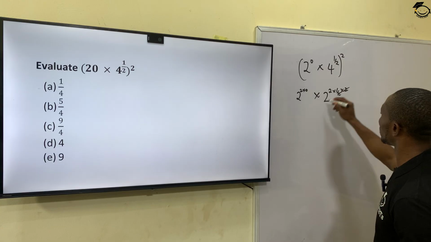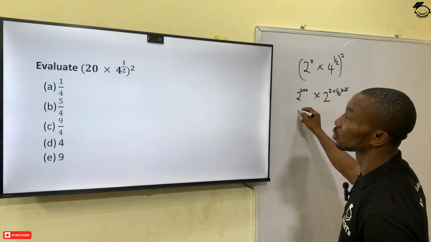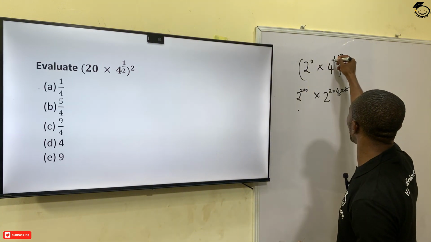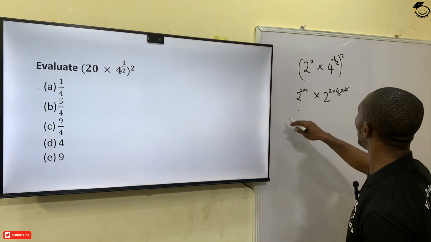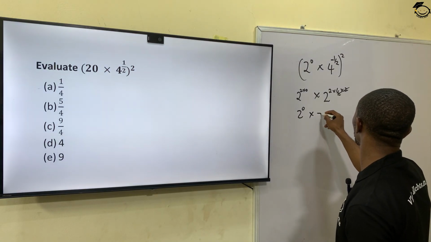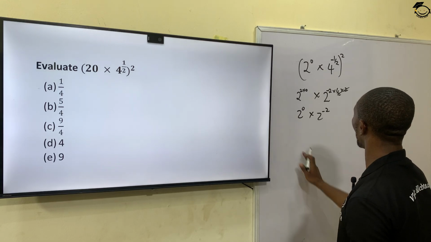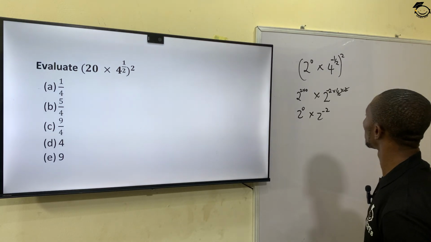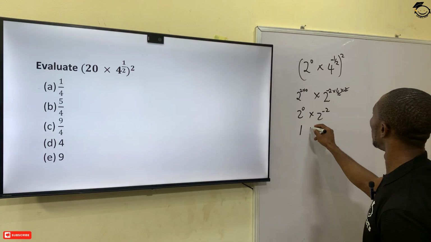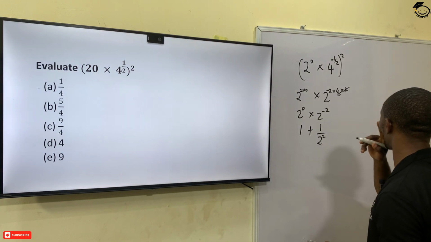So this cancels this, leaving us with, sorry, this should be minus half, leaving us with 2 raised to power 0 times 2 raised to power minus 2. Now this becomes 1 plus 1 over 2 raised to power 2.